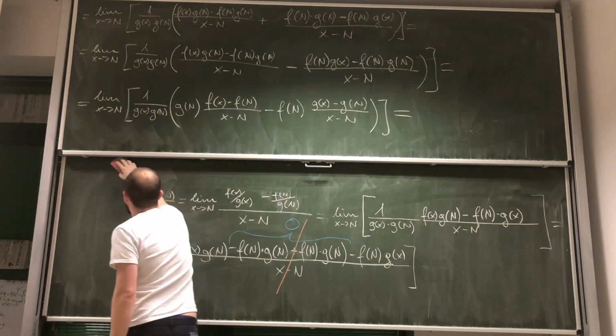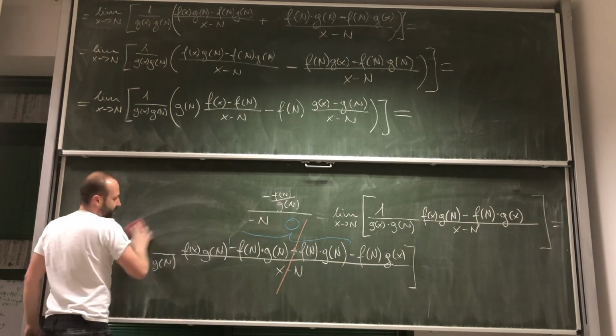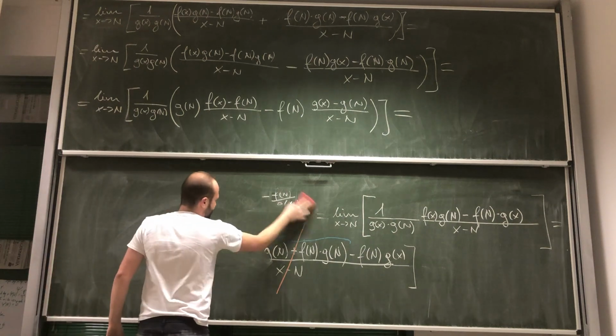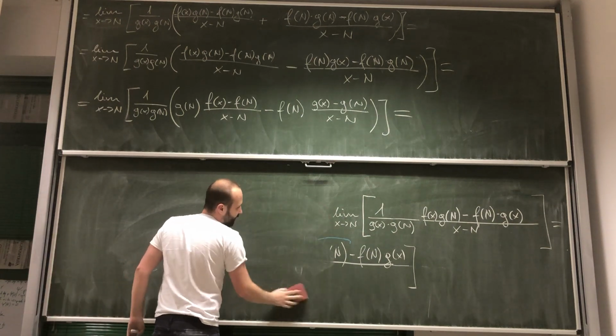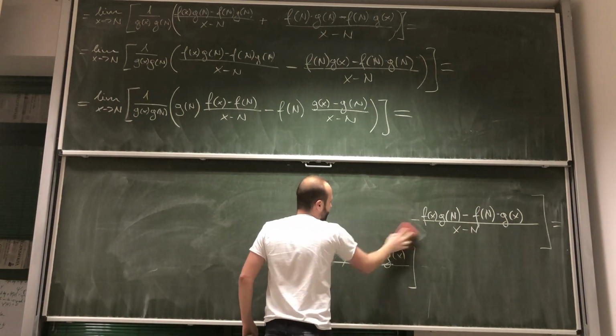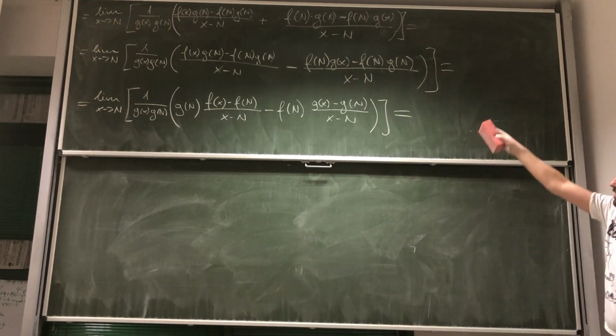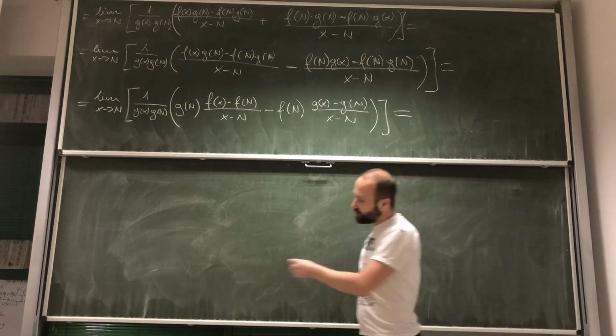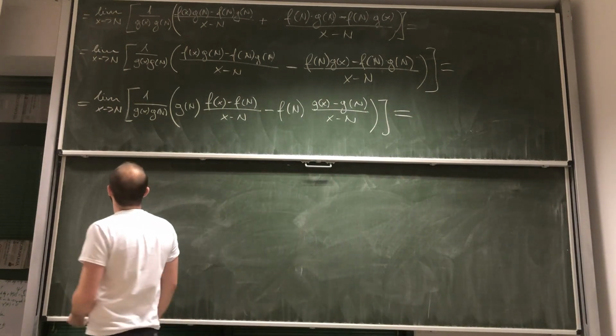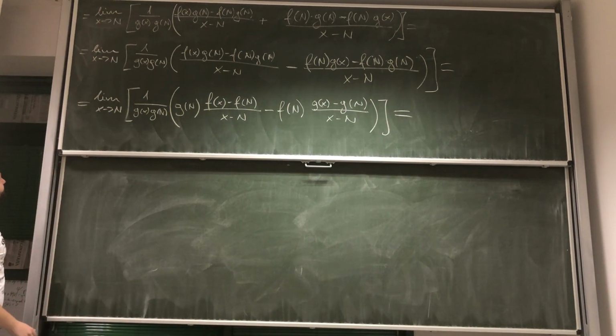What did we learn? We know that the limit of a product is a product of two limits. We know that the limit of a difference is a difference of two limits. So I can rewrite this entire thing into 5 separate limits. So what am I getting over here?